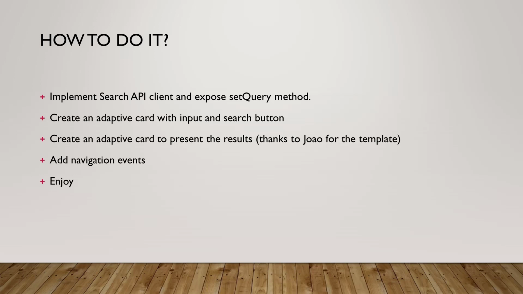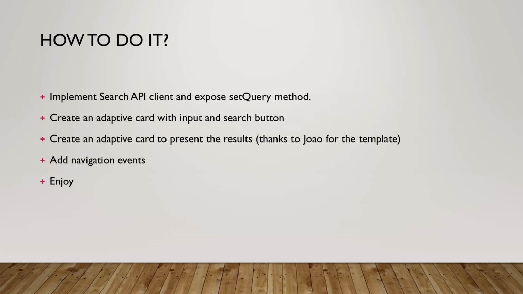And finally, it would be nice to have some kind of navigation events. By navigation events, I mean if you don't like the query you entered, you go back and you can enter a different query without closing the quick view itself. So that's it. And finally, you have to enjoy yourself implementing something like that.